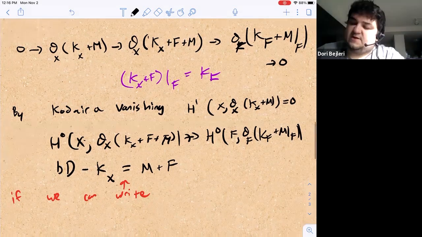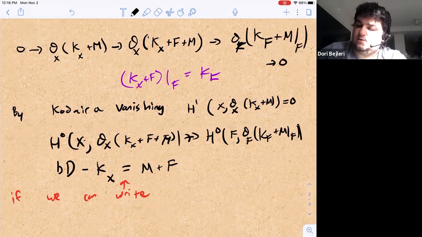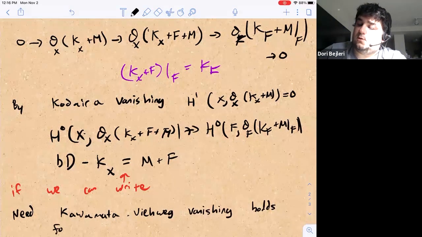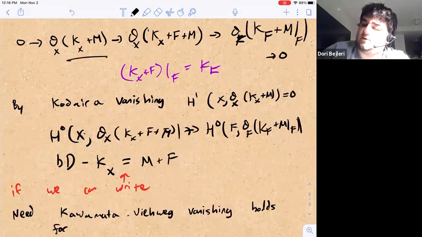But we also have a little more flexibility because we don't really need M to be ample. What we need is that Kawamata-Viehweg vanishing holds for whatever we put here at the beginning.